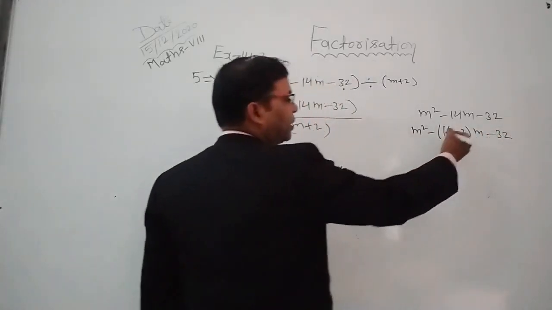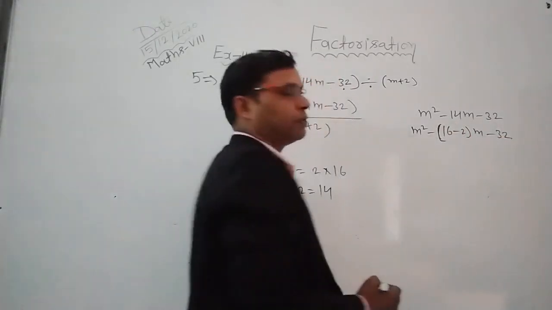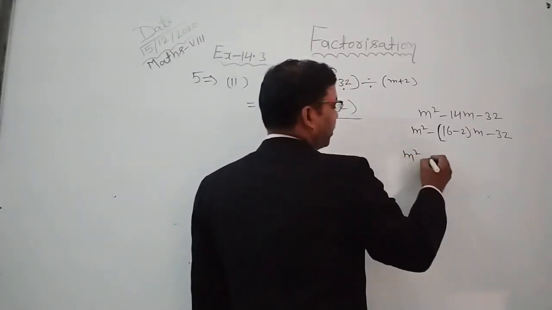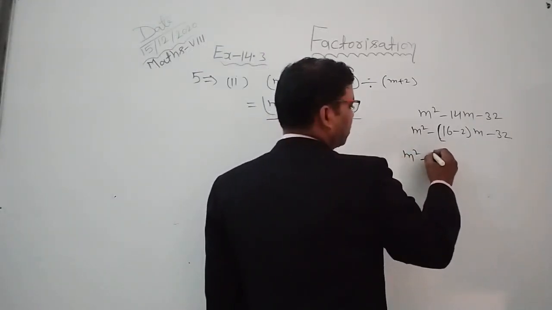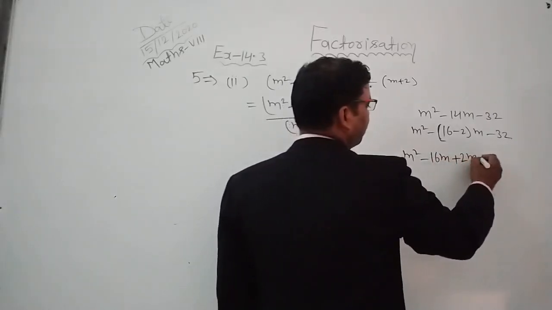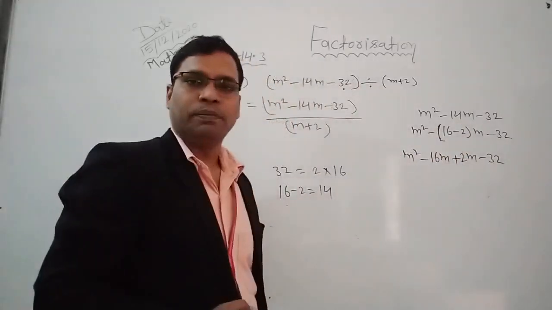When you apply the distributive law of multiplication over subtraction, you get m square minus 16m, and this becomes plus 2m minus 32, because minus becomes plus.